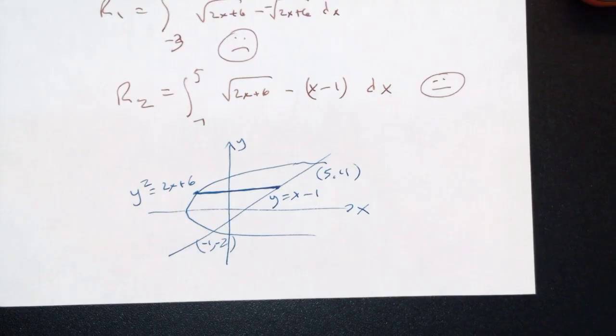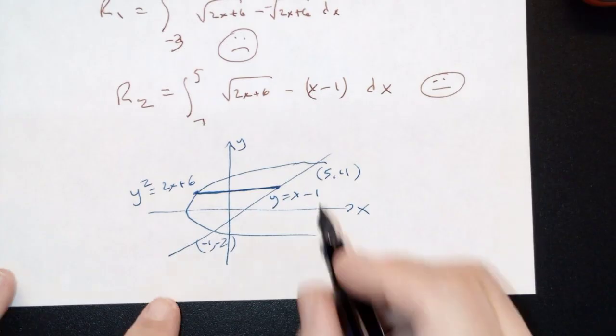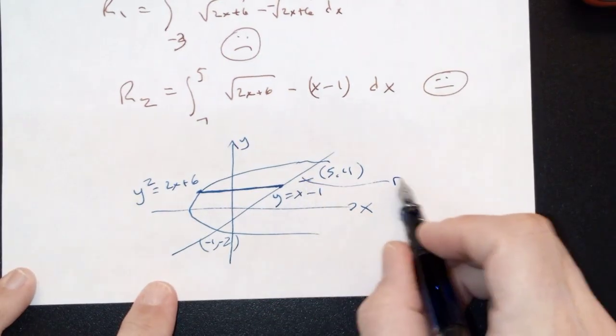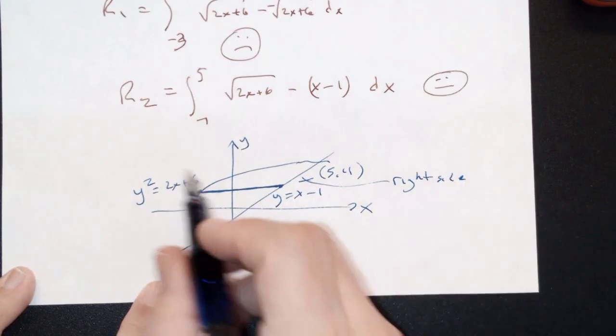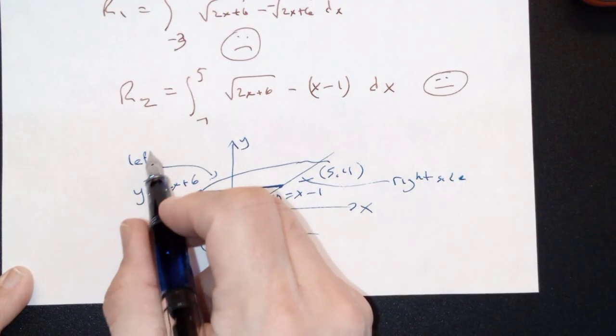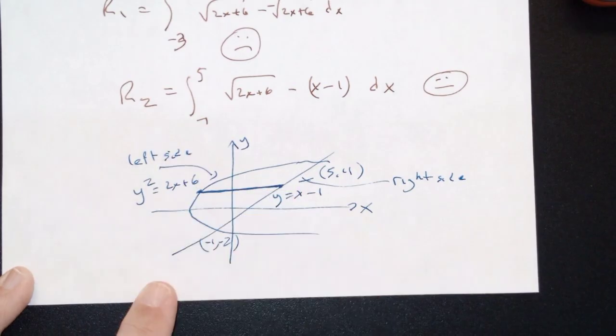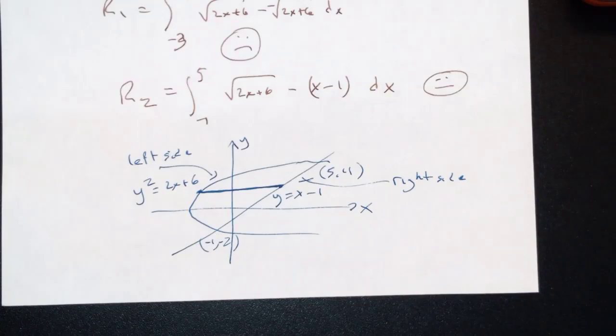But now instead of thinking of top and bottom, I'm going to think of right side and left side. And since positive numbers are over here on the right, where I did top minus bottom, I now do right minus left.